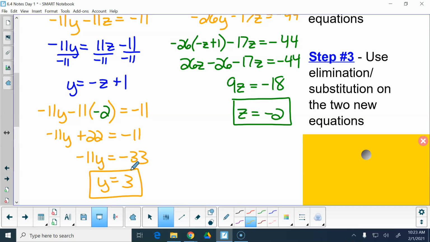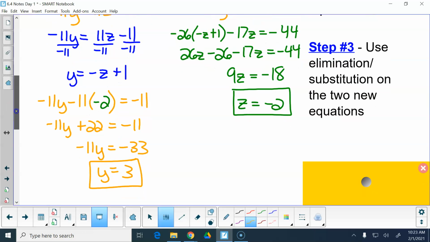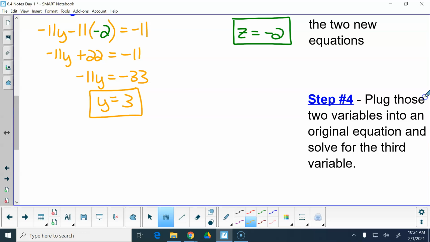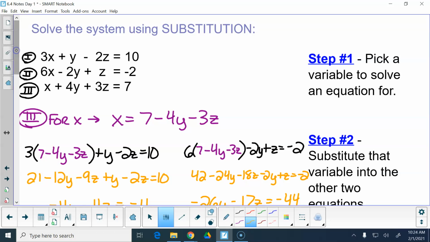Okay? Now what? What's our next step? We got 2 variables. We had 3 to start. Find x by plugging it back into that original one that we solved for, right? Yepper. So plug those 2 variables back into any one of the original equations, and that's going to find you the other one.